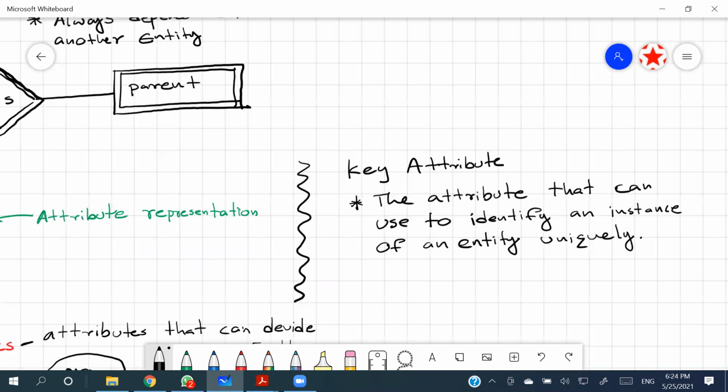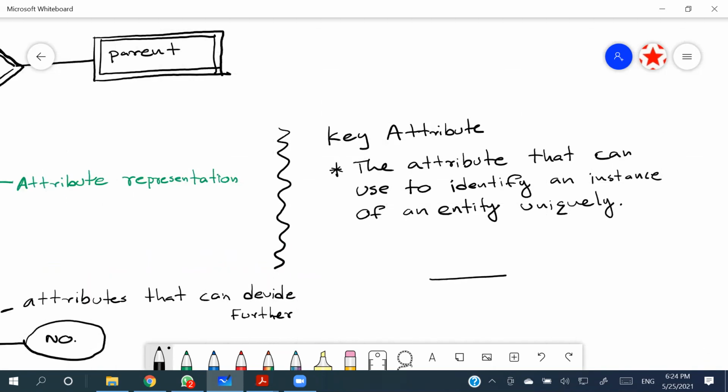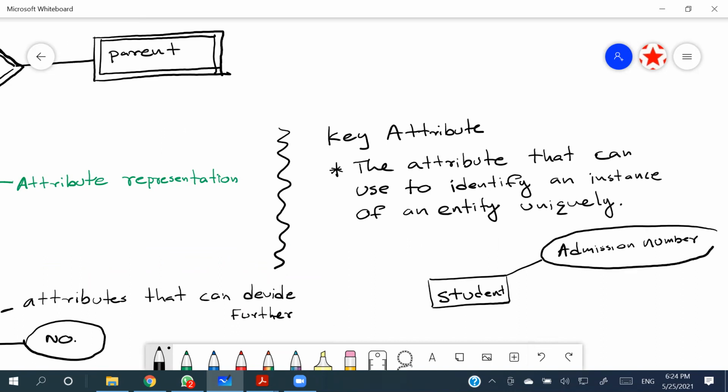So when you are drawing the key attribute, let's say it is student and there is admission number, that has to be underlined.